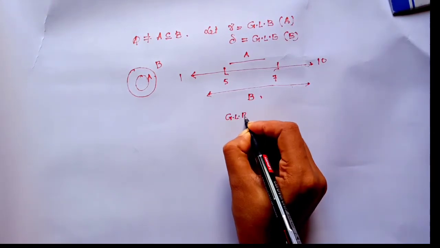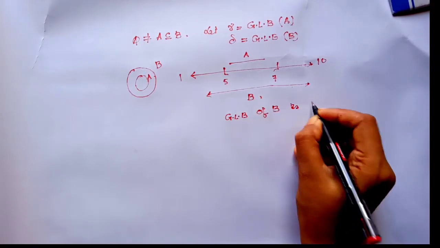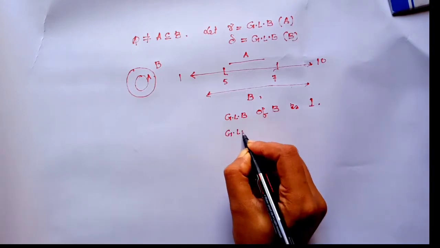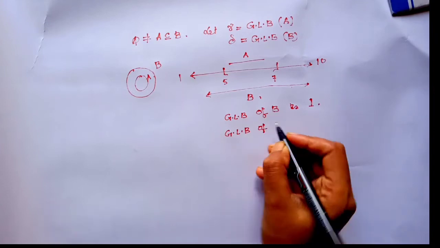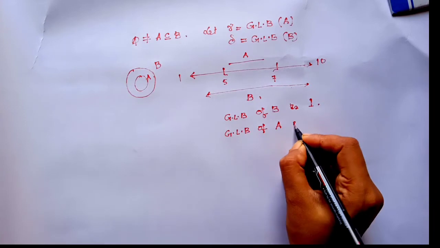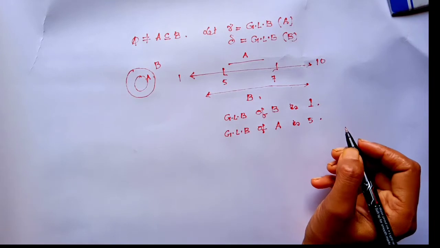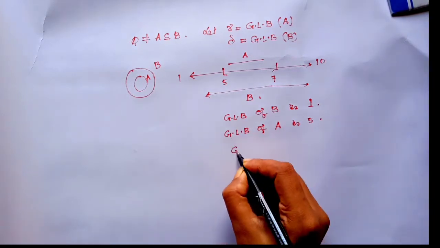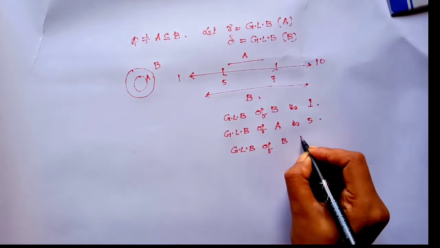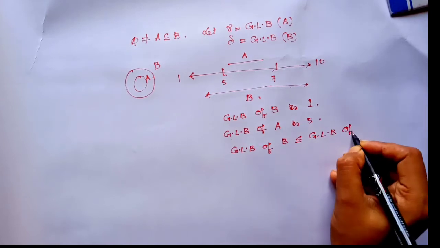GLB of B is 1 and GLB of A is 5. That means GLB of B less than or equal to GLB of A.